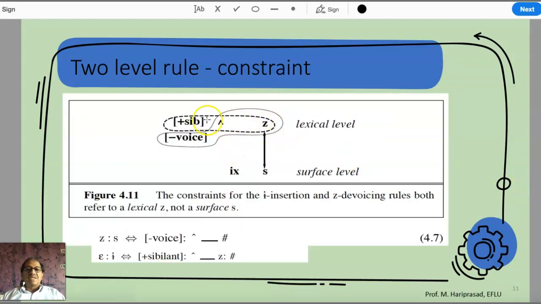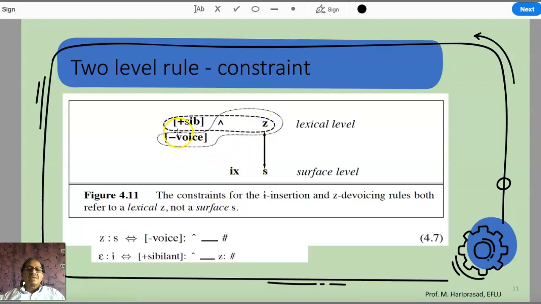Two-level rule constraint. Now look at this. On the lexical level, you have a sibilant, morpheme boundary, and z as the plural marker. When it is sibilant, morpheme boundary and z, then e is inserted before z.